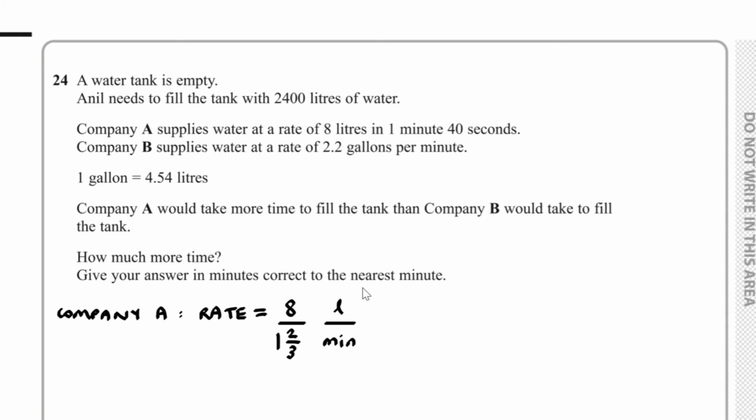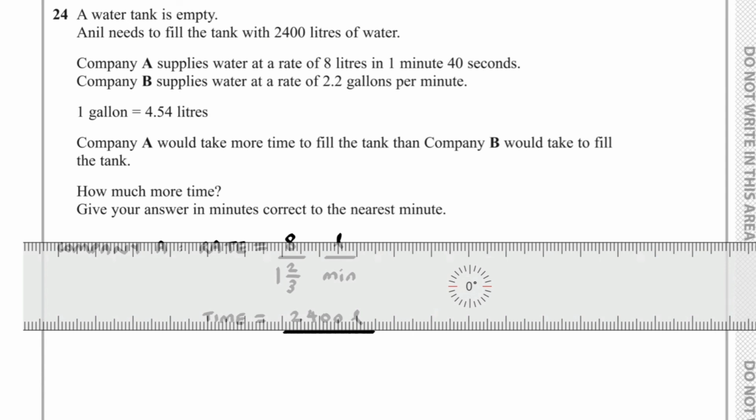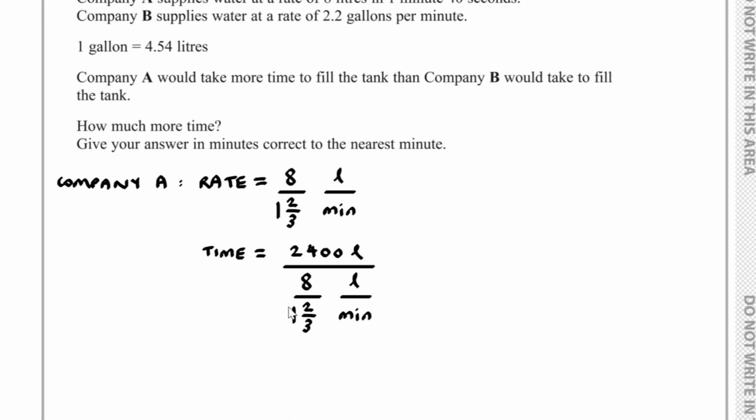So I've got the rate, which is 8 litres per 1 2/3 minute. And so the time it takes to fill the 2,400 litres of water is equal to the 2,400 litres divided by 8 divided by 1 2/3, which is my rate.